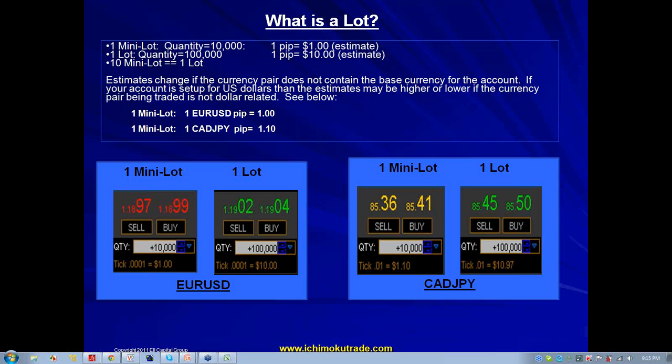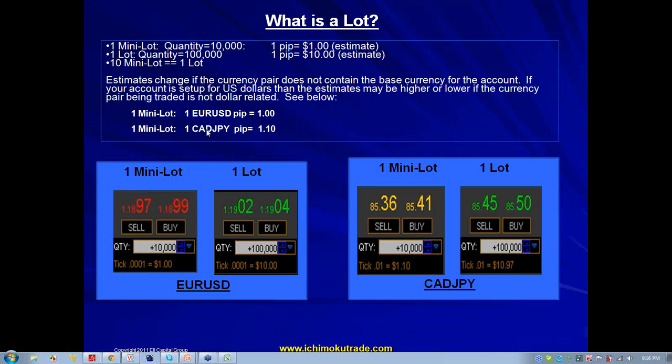Now, remember I told you roughly $1, right? It could be off by 10 cents. Notice if you're dealing with CAD yen, 1 pip is equivalent to not $1, but 1.10. If you're dealing with Euro USD, it's 1.00. So you're going to have little variations where they're roughly equivalent to $1, but not quite.